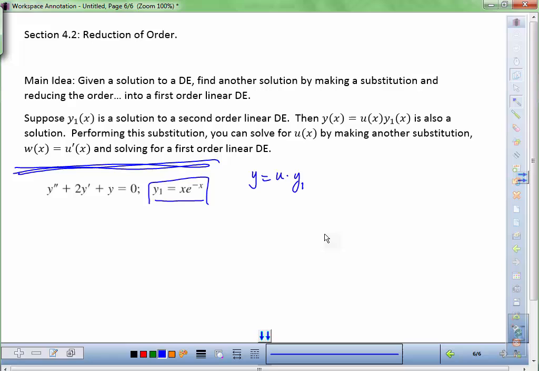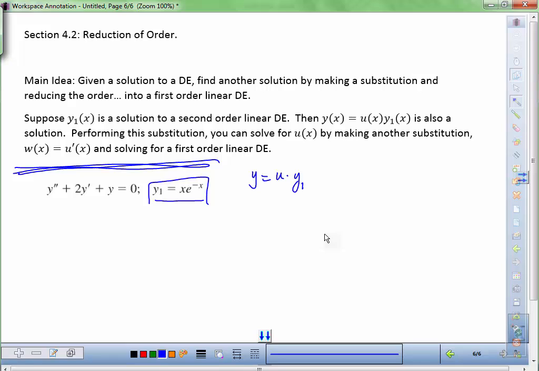So performing the substitution for u by making another substitution. What are we going to do here? Oh, did I just forget?